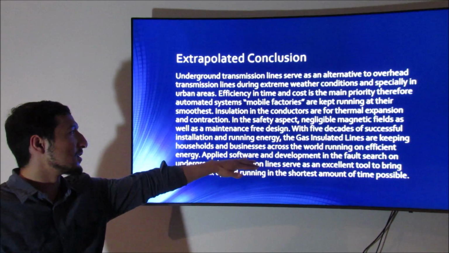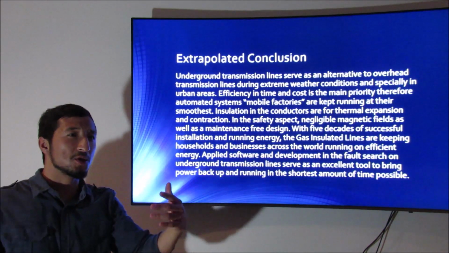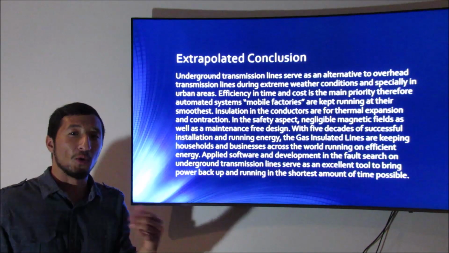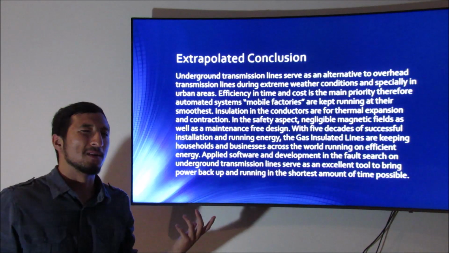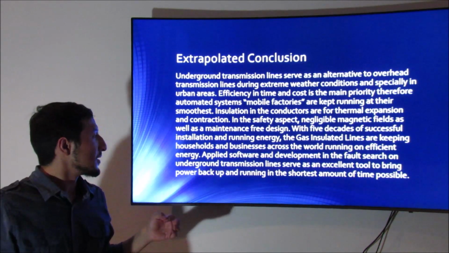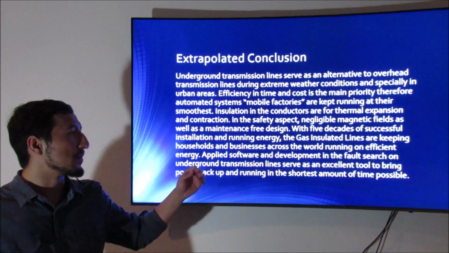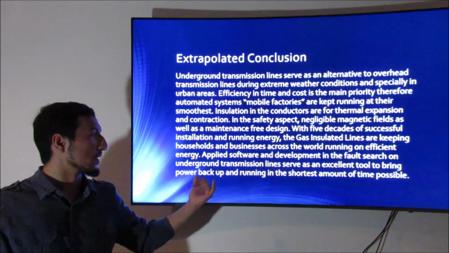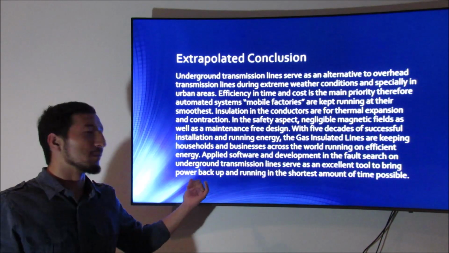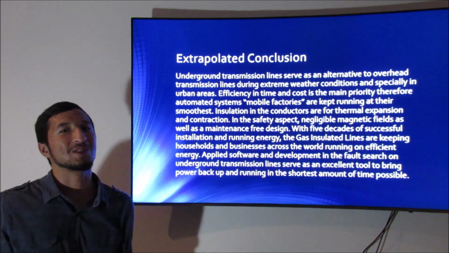Already with 5 decades of successful installation and running energy, the gas lines have proven to us that they're a pretty good method for this. I also saw that the software and development in the fault search can bring our power back up and running in the shortest amount of time.